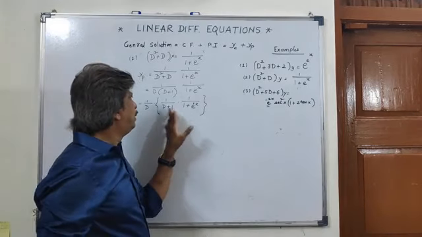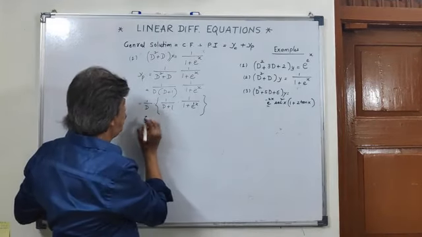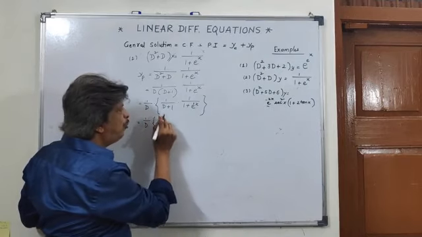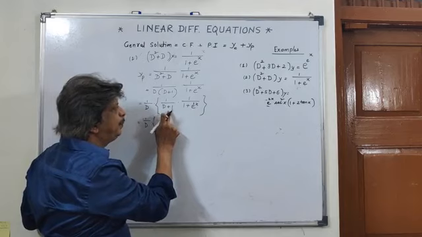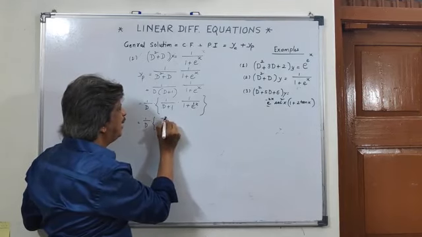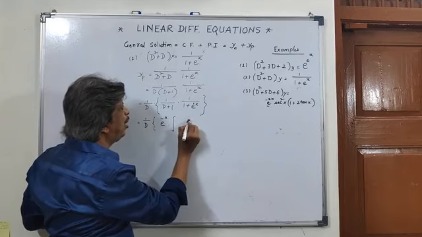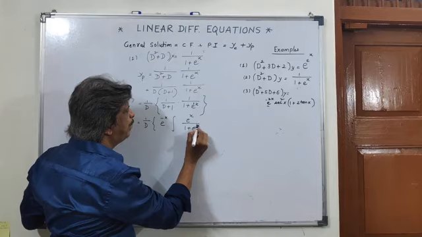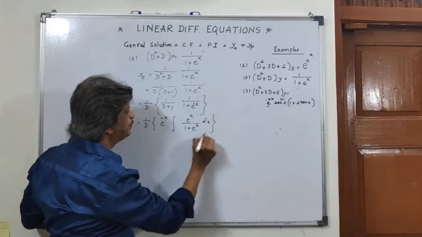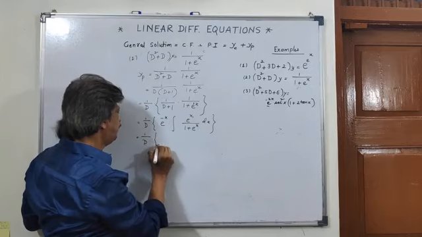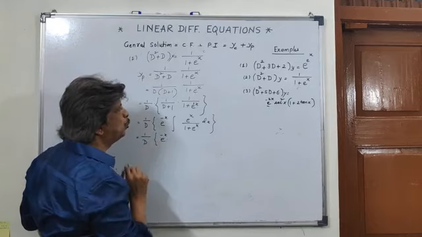So, again the formula 1 upon capital D, the same formula I have used in the earlier example, D plus 1, D plus m is e to the power minus x into integral of e to the power x into f of x, 1 upon 1 plus e power x dx. 1 upon D times e to the power minus x into.